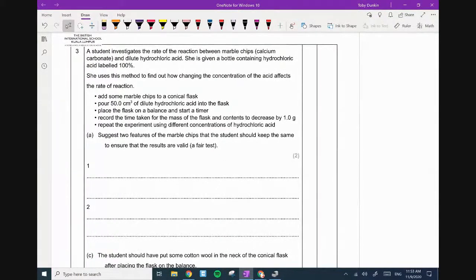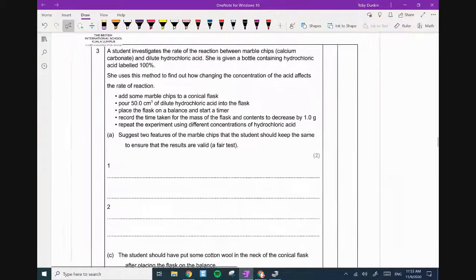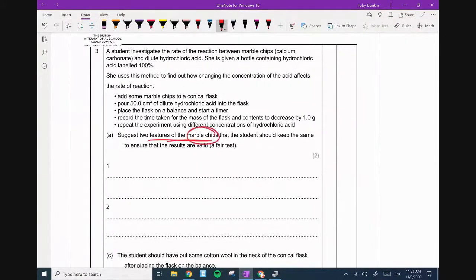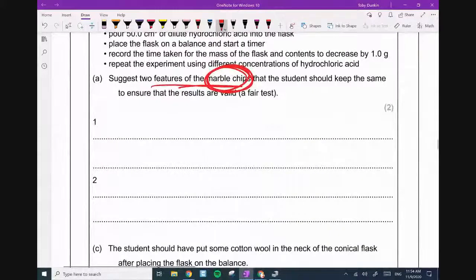Right, this question caused a whole load of problems because they didn't RTFQ. Read the full question. Suggest the features of the marble chips. People were talking about concentrations. And I'm like, why? The question is about the marble chips. I think this was where Hal Ping lost his mark, because he said the number of marble chips, and that's not correct.